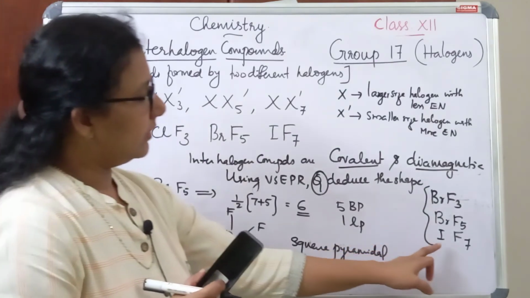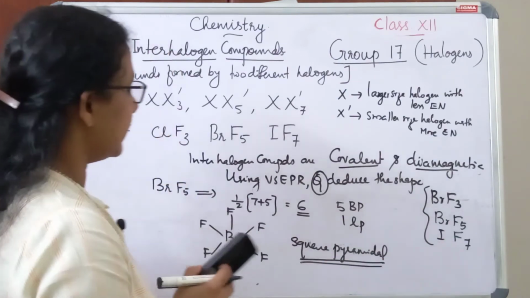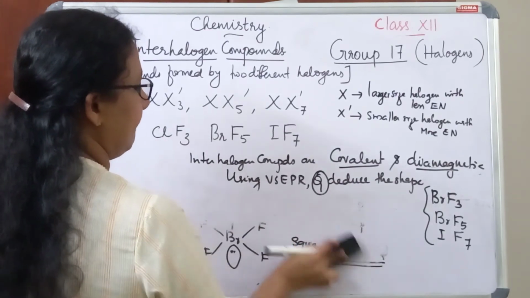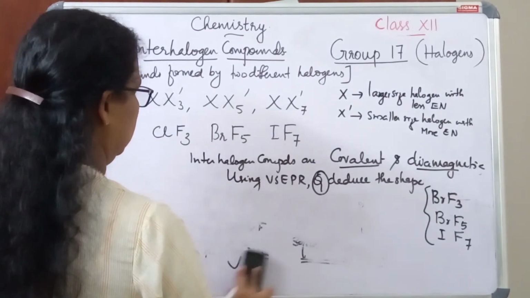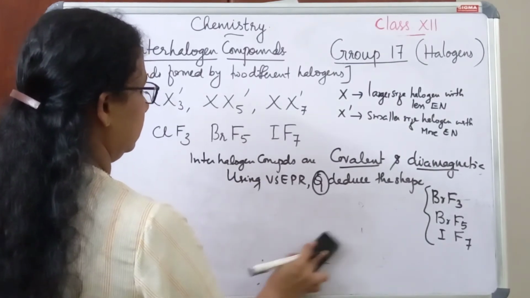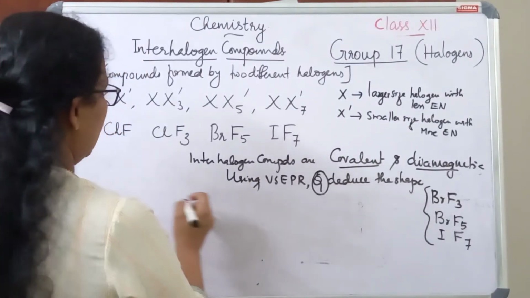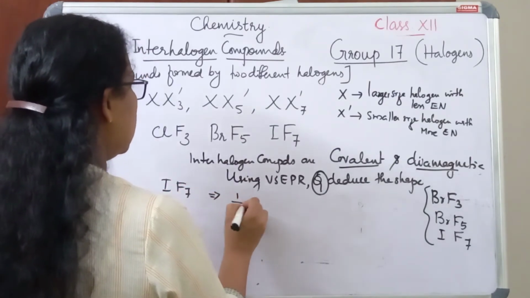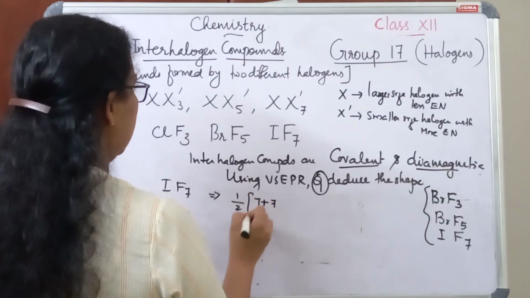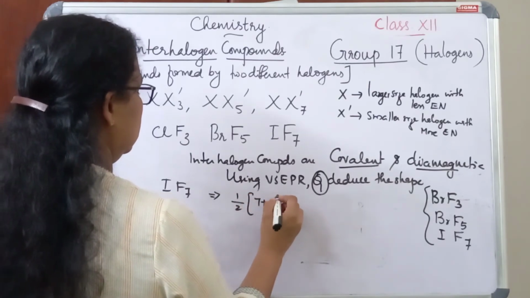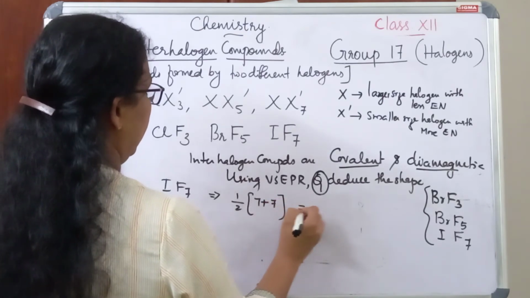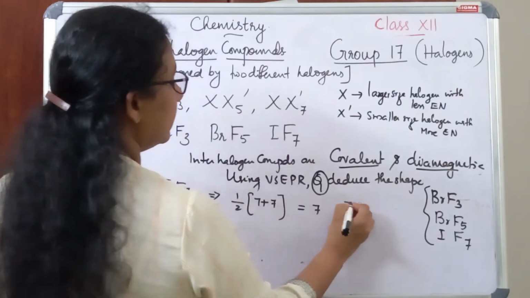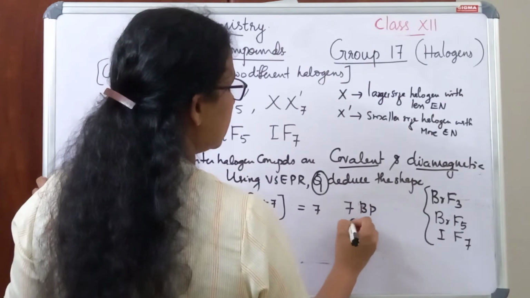Now let us see the next compound, that is IF7. IF7, here it is half into 7 plus 7. It will be 7 and 7 atoms are attached, so it will be 7 bond pairs and 0 lone pairs.